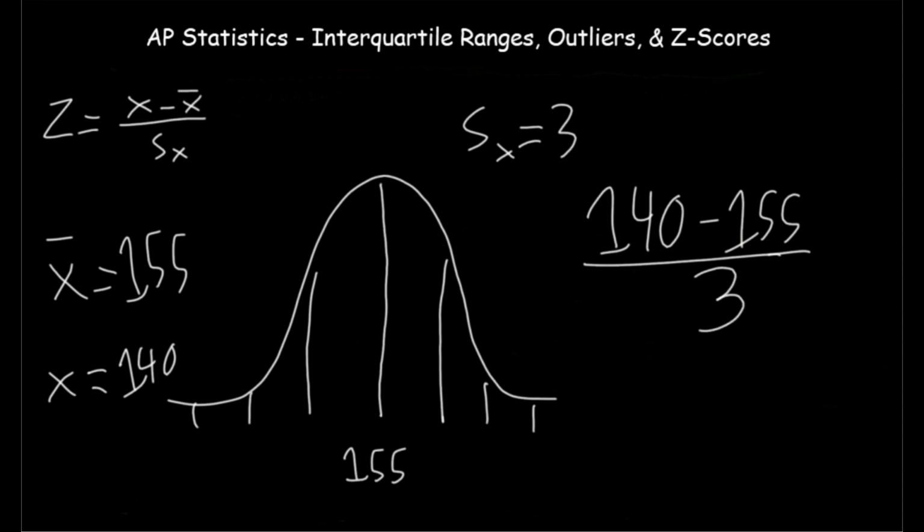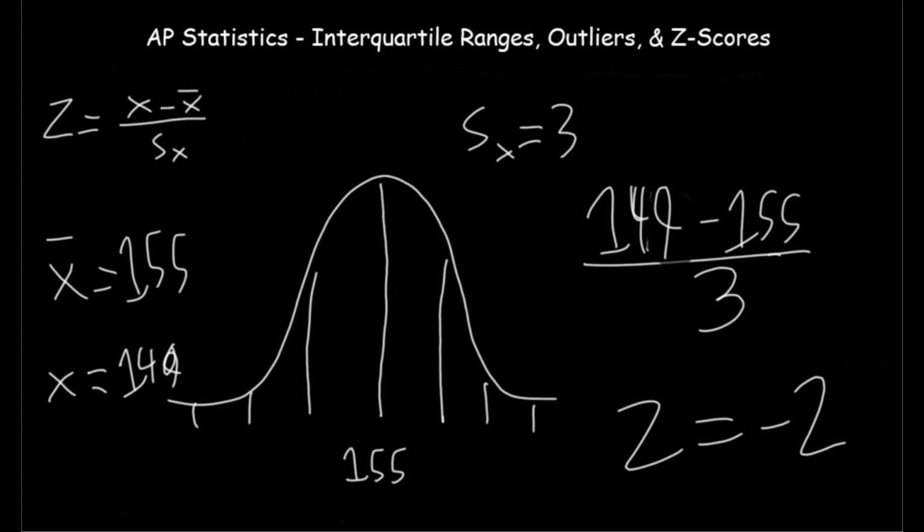Divide all that by 3. Actually, let's not do 140. Let's do 149. 149 minus 155, and you end up with a z-score of negative 2.